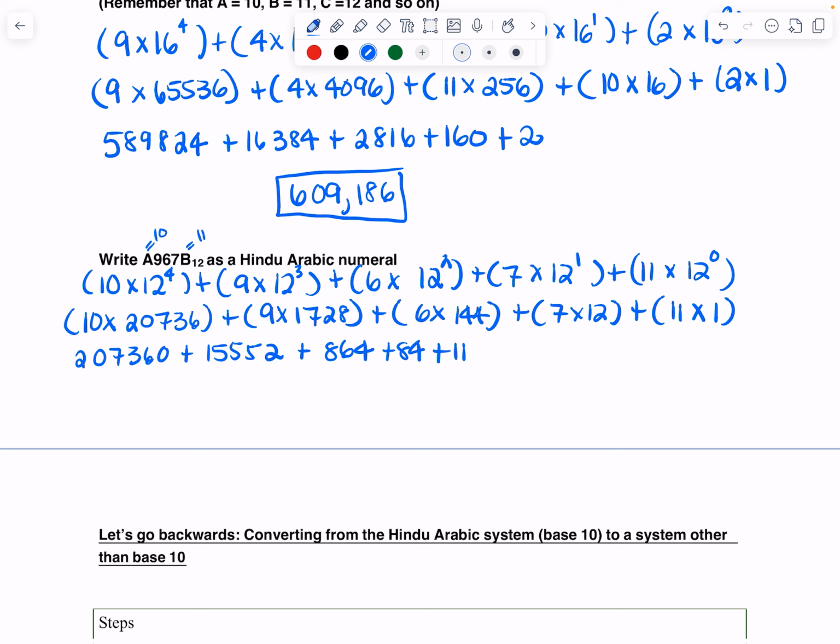Now I'm going to add everybody up. 207,360, I'm going to add 15552 plus 864 plus 84 plus 11. So please go ahead and do that. Unfortunately, my calculator just died, so I'm going to use a computer. Go ahead and, like I said, use your calculator and see if you get an answer.